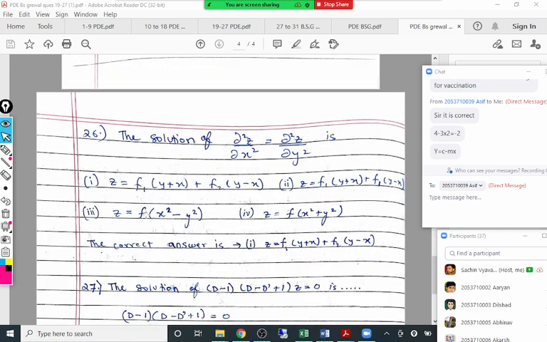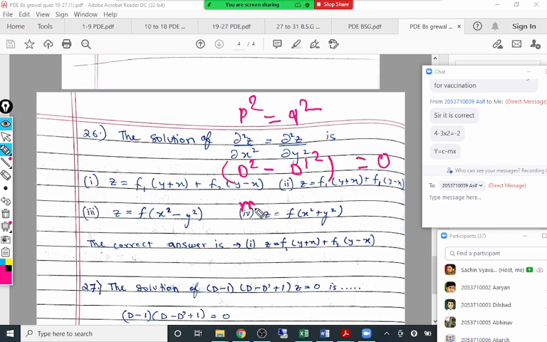26th, we have to solve this differential equation. Dou 2z by dou x square equal to dou 2z by dou y square. It is actually p square equal to q square, but it is second order, so it is better you go this way. It is not a first order PDE, so whenever higher order is there, you can take d square minus d dash square equal to 0.